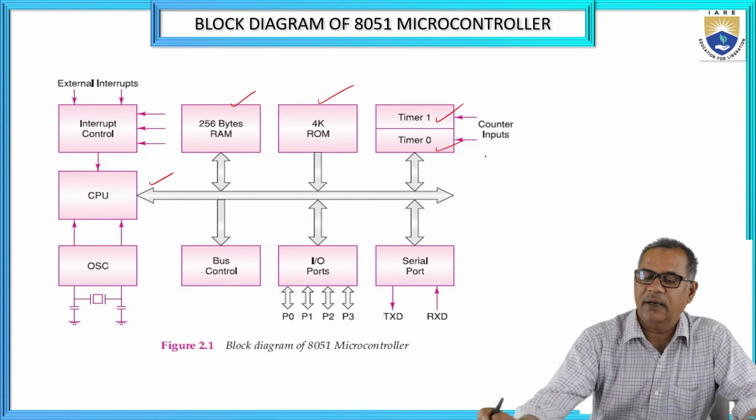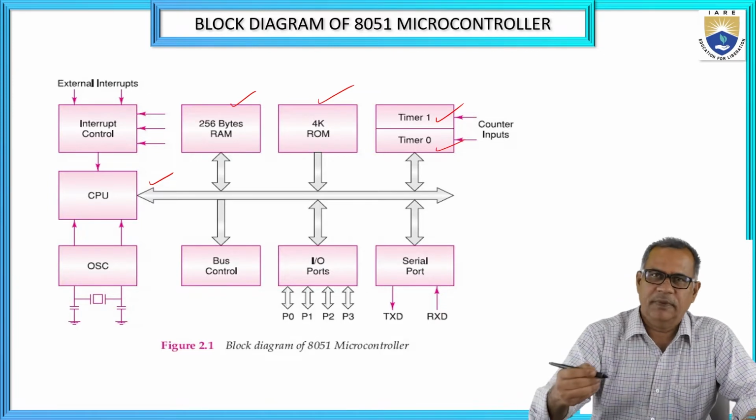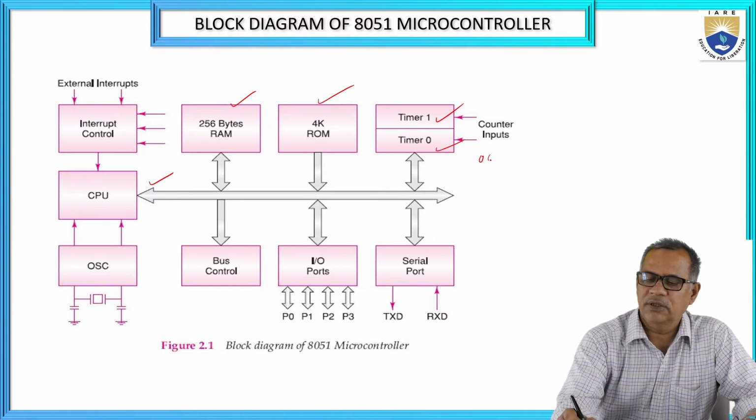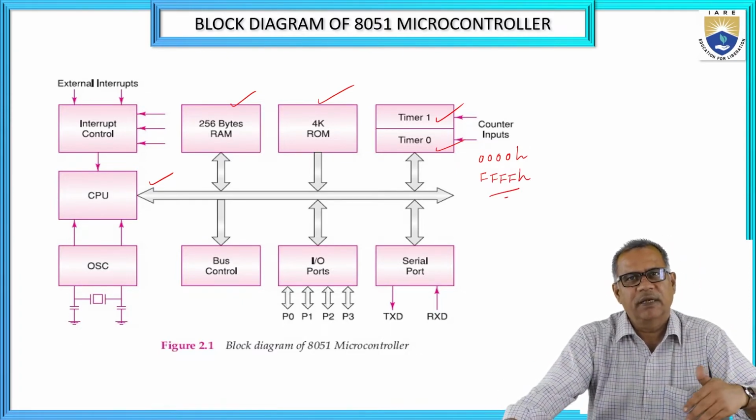These are 16-bit timers, so they count from 0000H to FFFFH. Once the maximum count is reached, the counter rolls back to 0 and again starts counting from 0000H.